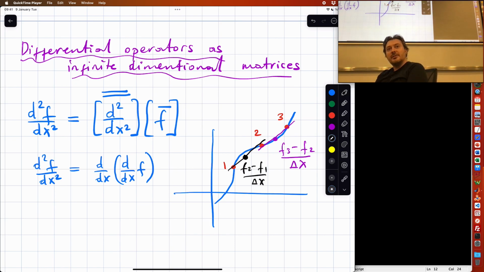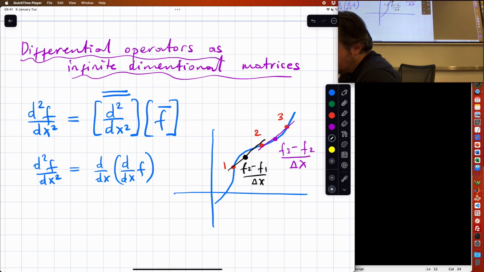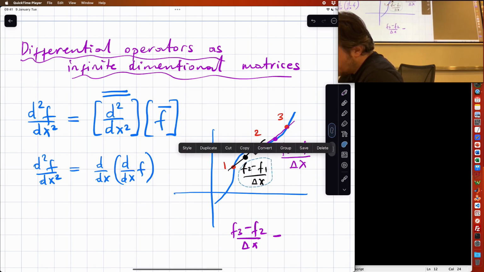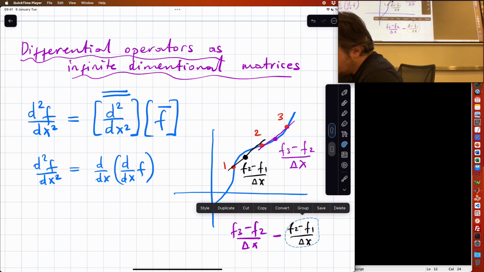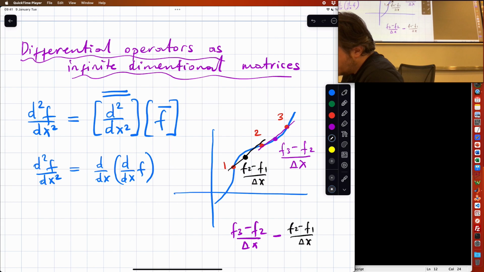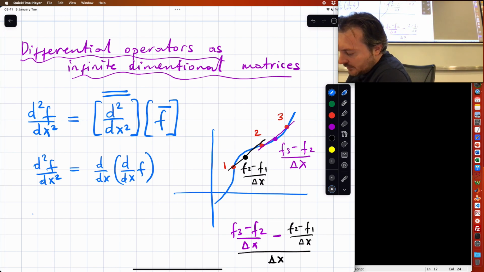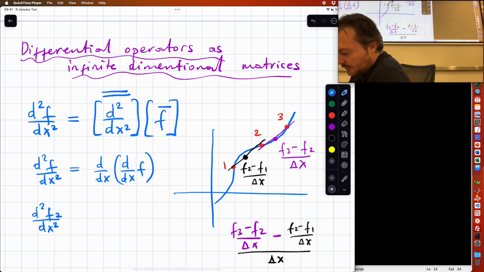So far, so good? Now let's find the derivative of the derivative. For that one, let me use colors. f3 minus f2 over delta x minus, exactly, this one minus that one, divided by delta x. So what we have achieved is the second derivative of f evaluated at the point 2.